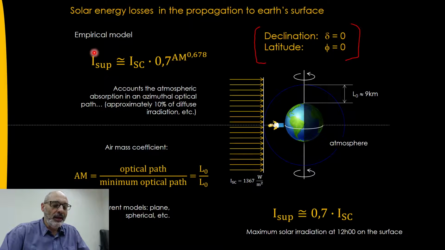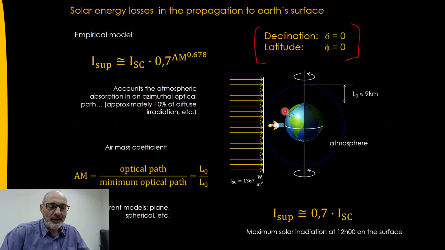This is an empirical model. It starts from this situation that I'm showing you, and it was measured that the amount that arrives down here is 70% of the amount that arrives on top of the atmosphere.